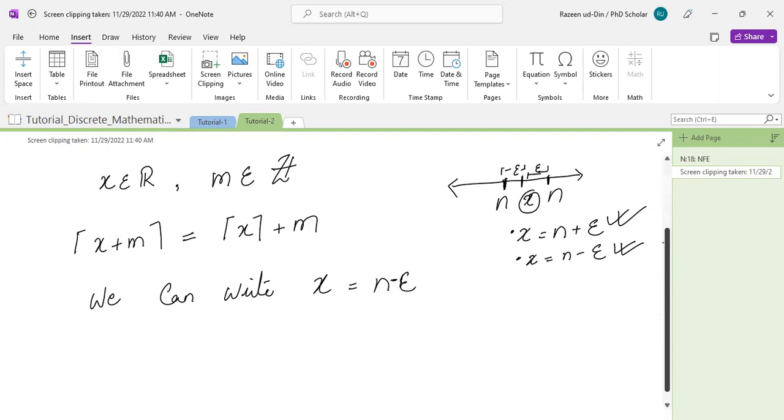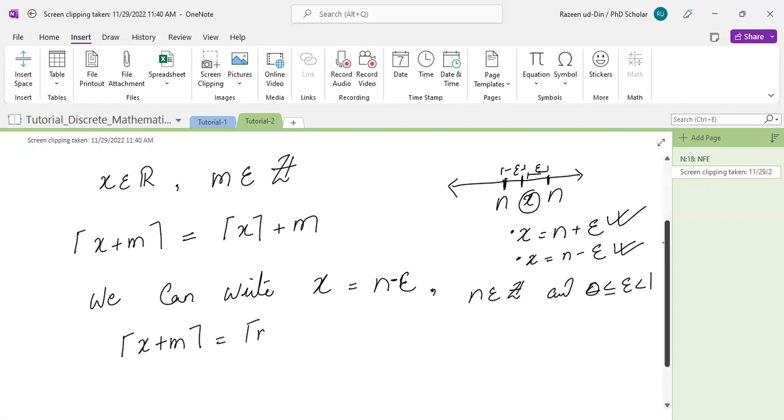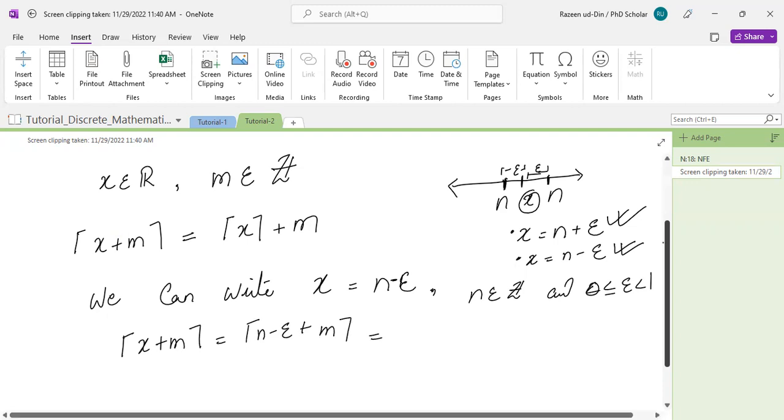Again, n is an integer and epsilon is between 0 and 1. Okay. So we are given the ceiling of x plus m. So we can write x plus m as n minus epsilon plus m, which is equivalent to, let's first write it like this, n plus m minus epsilon.